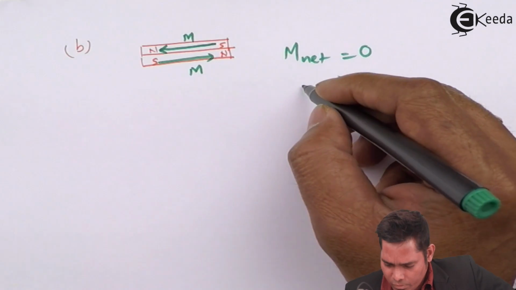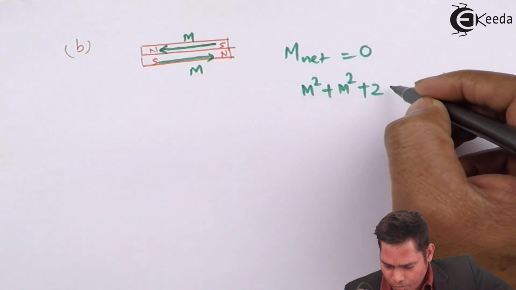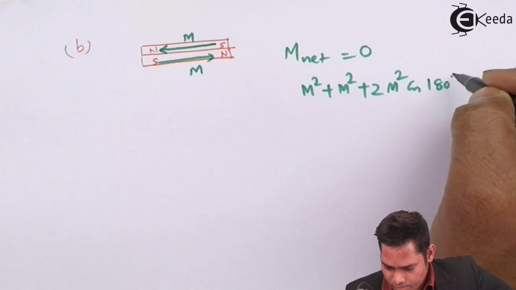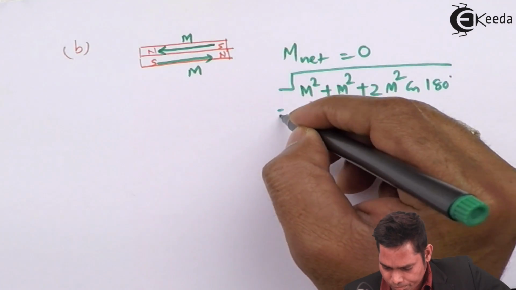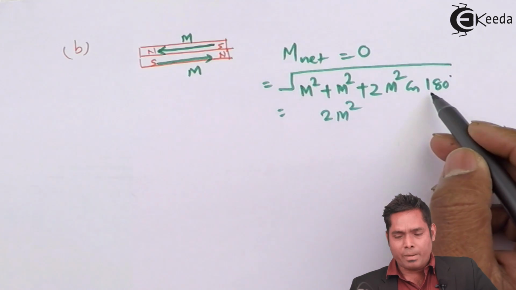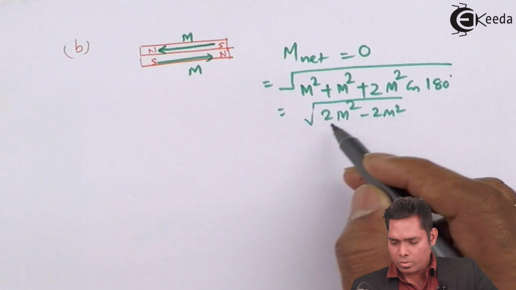If the angle is 180, we have under root of M square plus M square plus 2 M square cos 180, and cos 180 is minus 1, so this becomes minus 2 M square, and M net becomes 0.